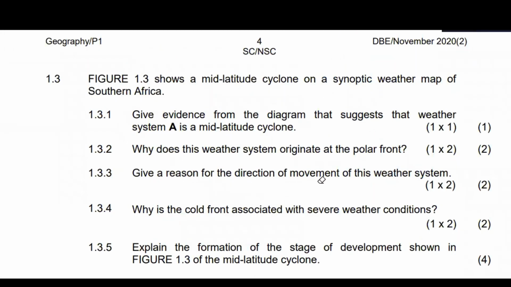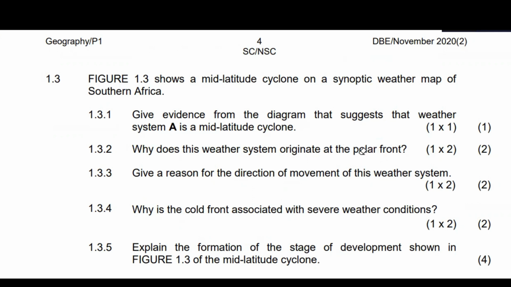Why does this weather system originate at the polar front? You know, a front is the point where two air masses of different characteristics do what? Do converge. I think I'm even telling you the answer before. You can use reasoning and get the answer there.